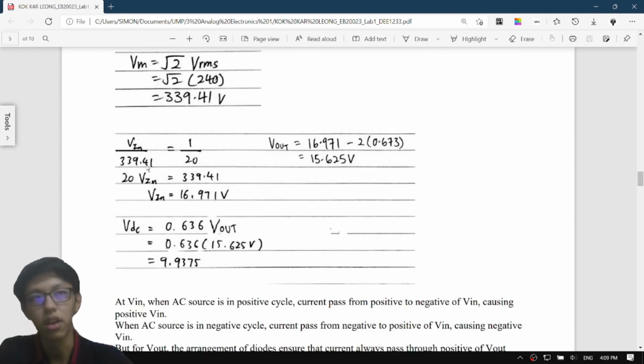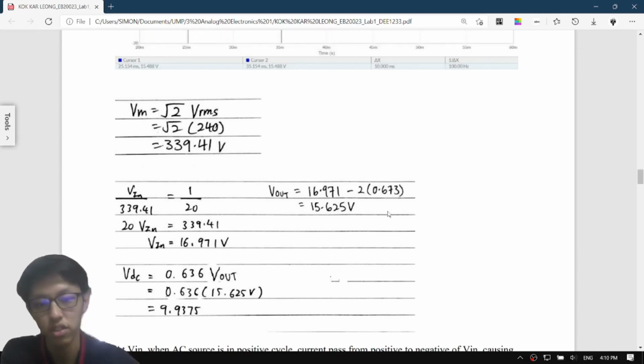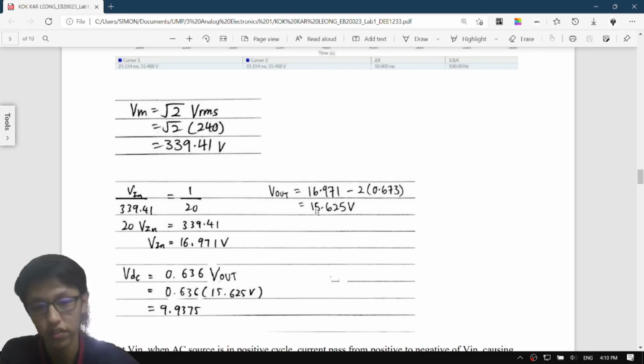So to calculate the transformer output, V in is equal to the V peak, and here is the ratio of the transformer, 1/20, so the V input is equal to 16.971 volt, and the V out is equal to the V in minus 2 times Vk, where Vk is the threshold voltage of the diode, and here is the answer, 15.625 volt.